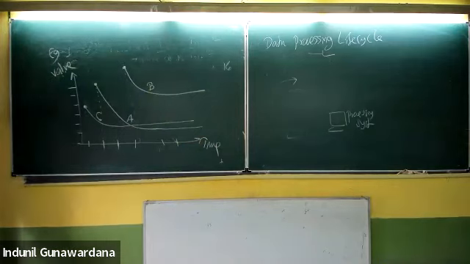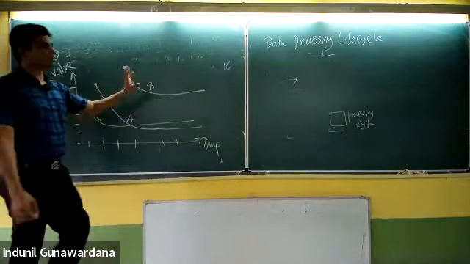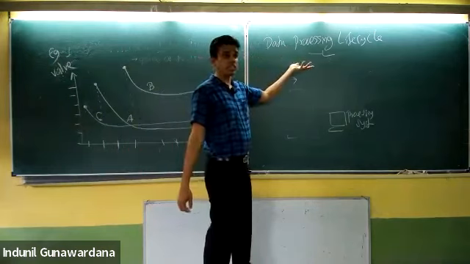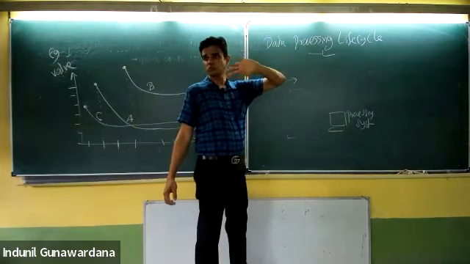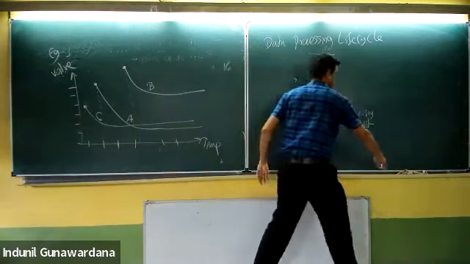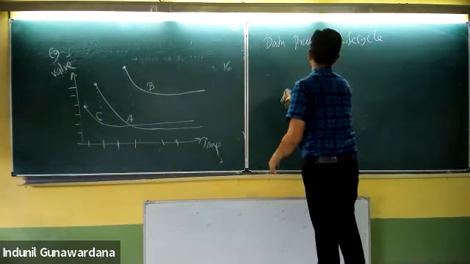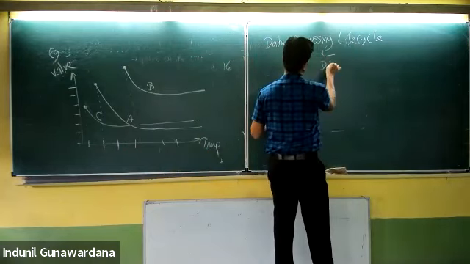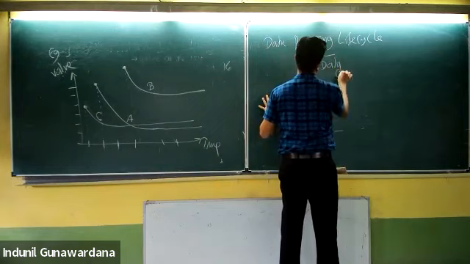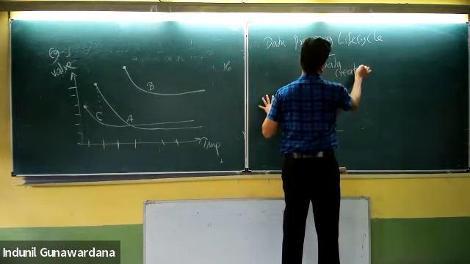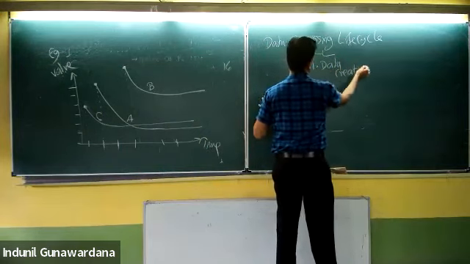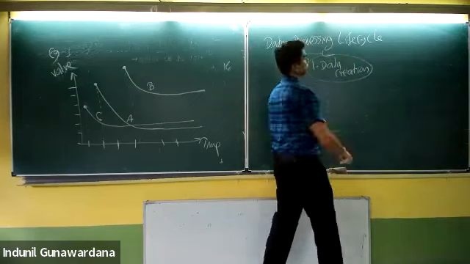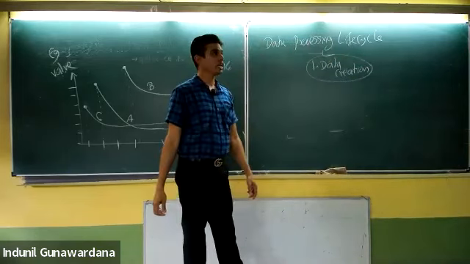Whenever we are going to continue this data processing as a cycle, there are 3 steps told. Just 3 steps. Just learn. One is data creation, creating data.